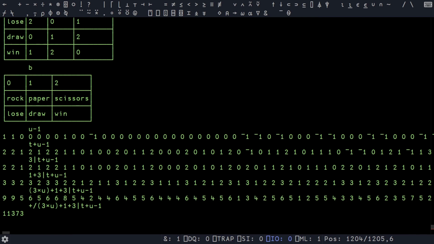So it's a little bit confusing maybe, but basically we're just operating in mod 3 space, and we have our moves, rock, paper, and scissors mapped to 0, 1, and 2. We have our match results mapped into the same domain, so losses, draws, and wins.